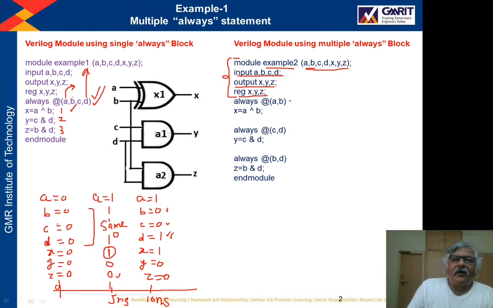Now I am using here 3 always blocks. In the first always block, the sensitivity list of the always block is A and B. This means this always block is modeling this XOR gate. And if there is a change in the value of A or B, then what is happening? This statement 1 is executed.